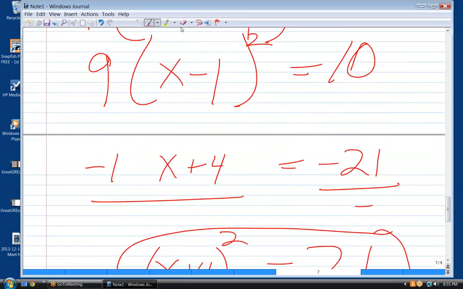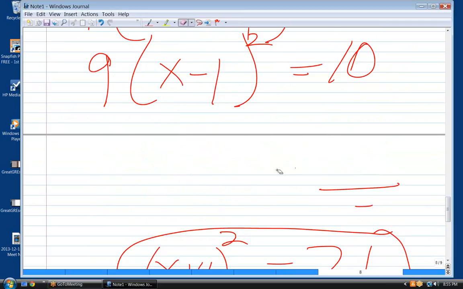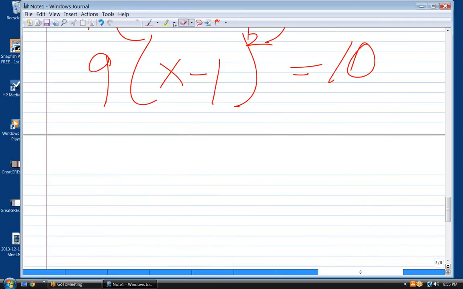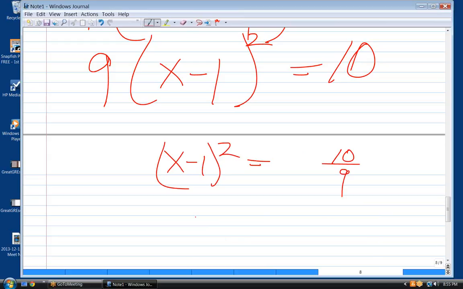Now what's the next step? Divide by 9. So we have x minus 1 quantity squared equals 10/9. Now the next step? Square root of both sides. What's over here?